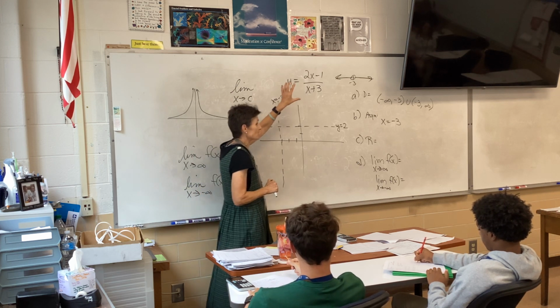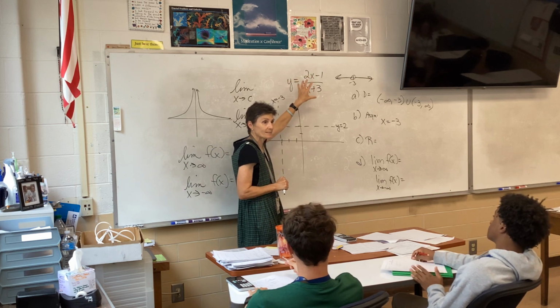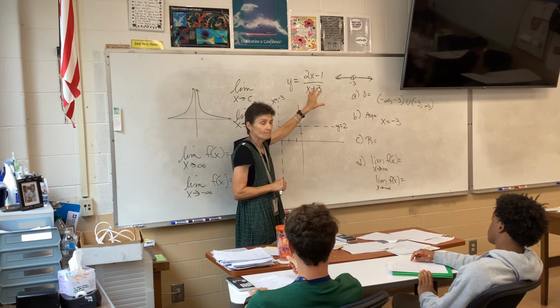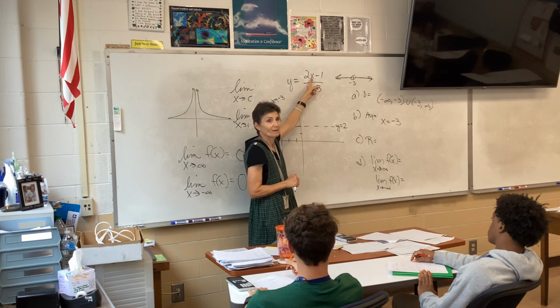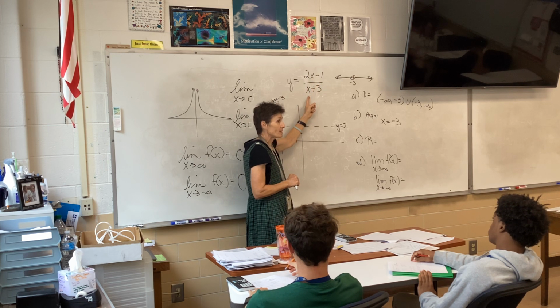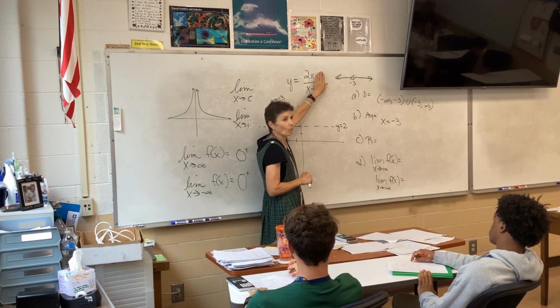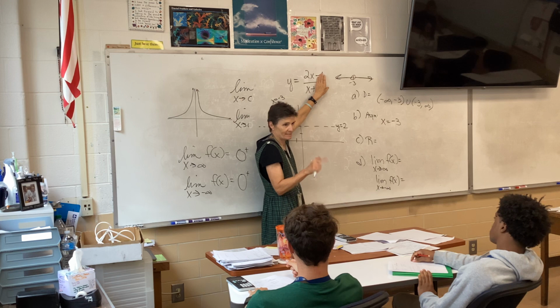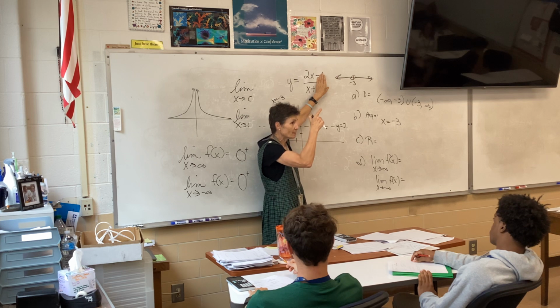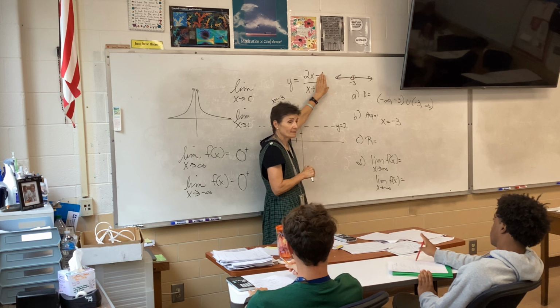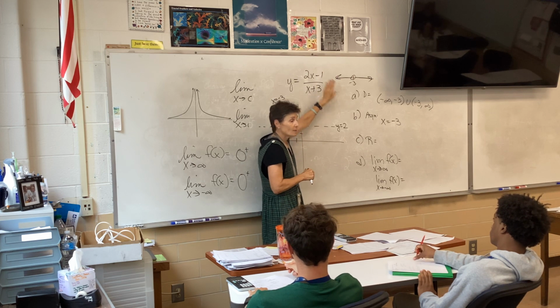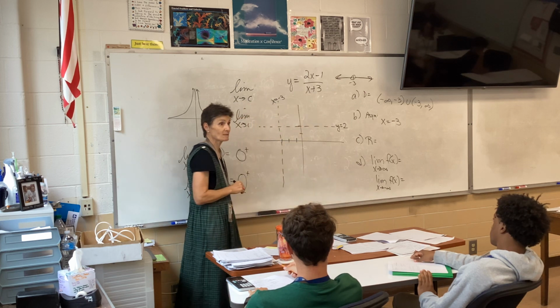Well, think about this problem if you put in x equals 1 billion. The top would be 2 billion minus 1, and the bottom would be 1 billion plus 3. These aren't important, right? When we're talking about billions, those two numbers aren't important. So what is our limit? 2 billion over 1 billion is 2. So that's your horizontal asymptote.